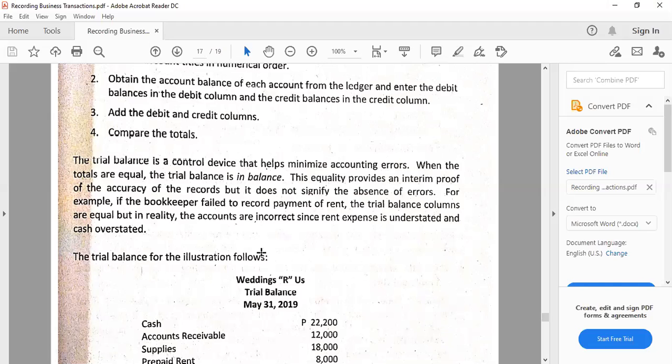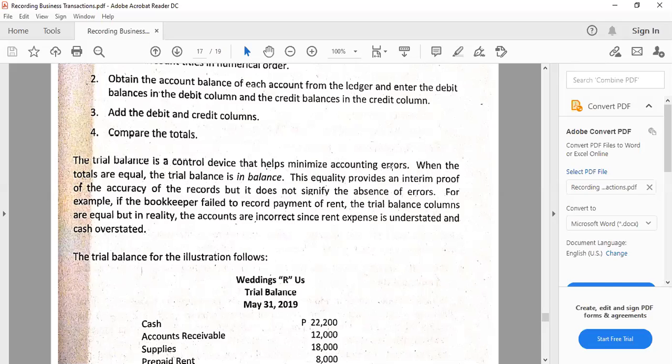So this goes to say that the trial balance will have to check the accuracy of getting the totals of both debit and credit. So this is an interim proof of the accuracy of the records. When you say interim, meaning it's like temporary or preliminary evidence that the records are accurate.